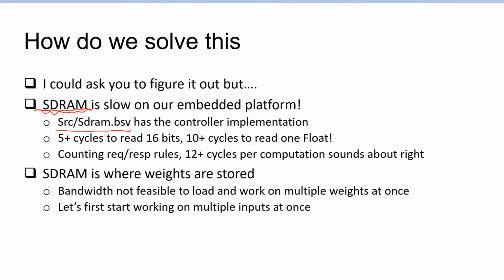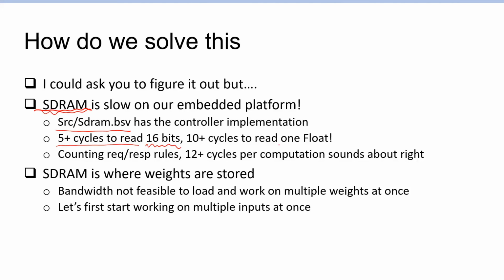But the bottom line is that for every single 16 bits that is read from the SDRAM, due to the characteristics of the chip, it takes about 5+ cycles to read 16 bits. It has some dynamic characteristics as well. If a bank is open or previously opened or not opened, if the row has been read or not read, et cetera, we'll talk about memory in a bit in the later part of the course.